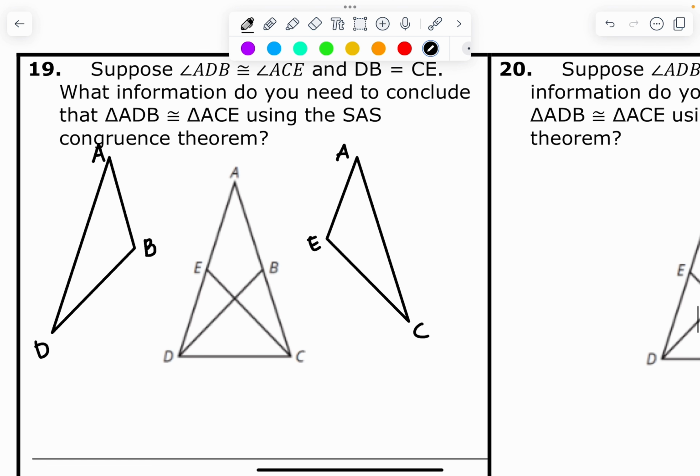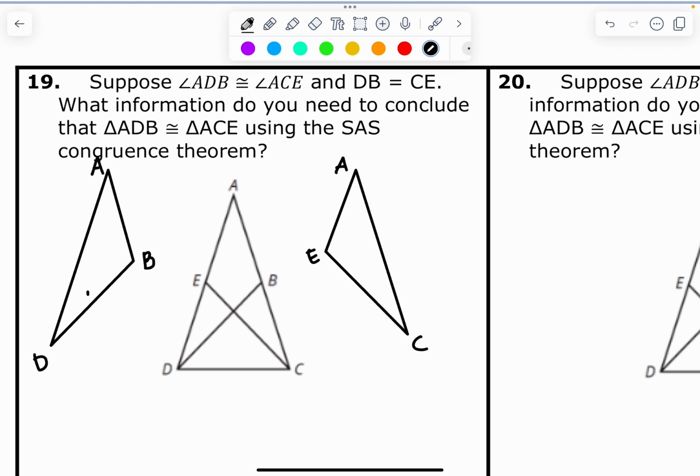The information given stated that DB is congruent to CE. And we know that A is congruent to itself by the reflexive property. So we need side, angle, side. To get side, angle, side, we already have a side here. We have an angle over there, but it's not even close to the side.